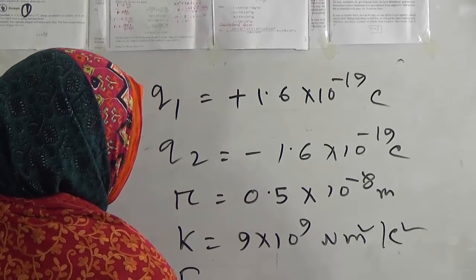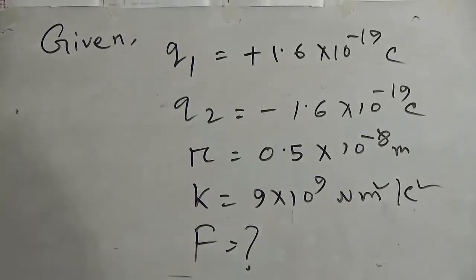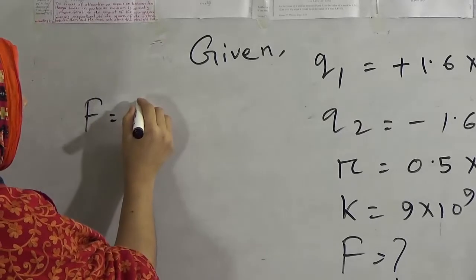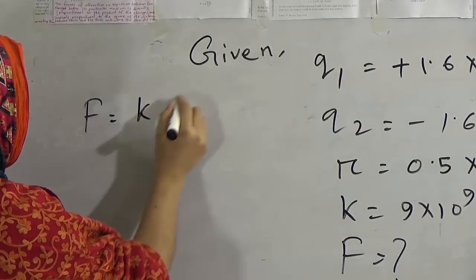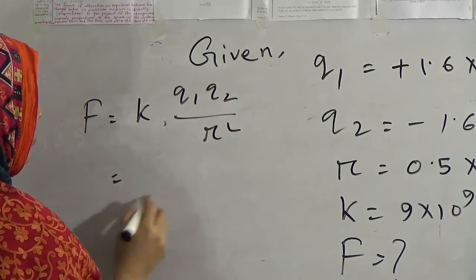That means F equals what? By using Coulomb's law we can easily find it out. F equals K Q1 Q2 divided by R square. My dear students, now put the values.